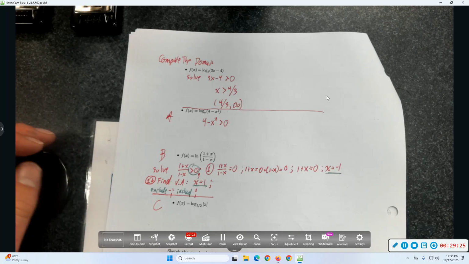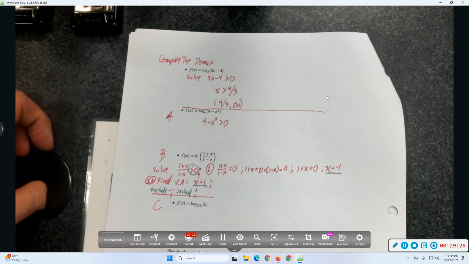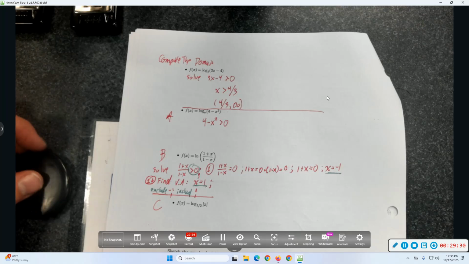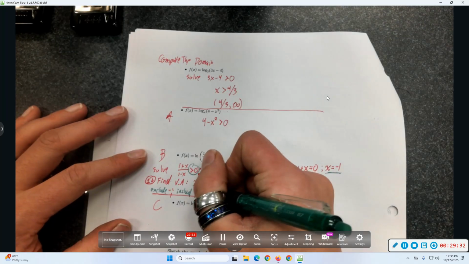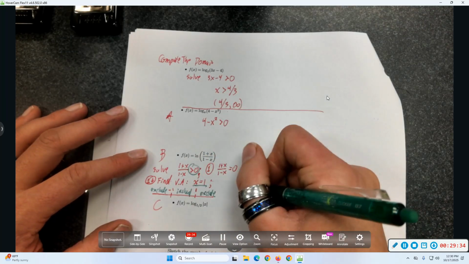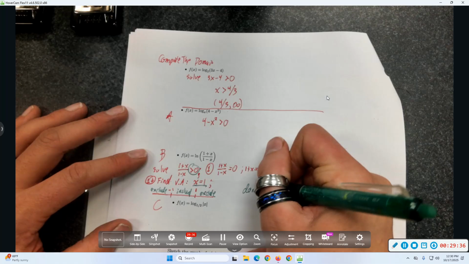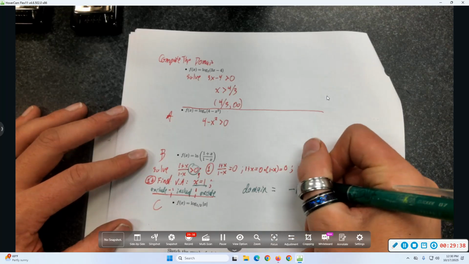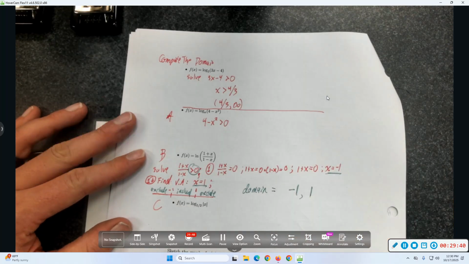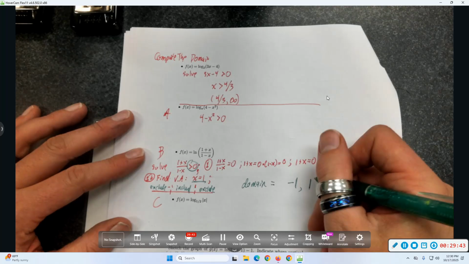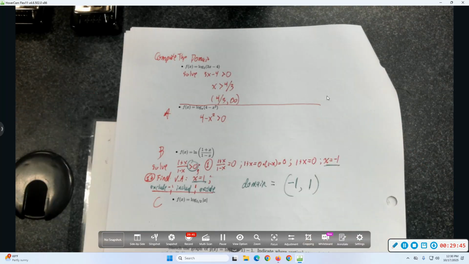Something bigger than 1. Include or exclude? Cool. So what's the domain? Domain is the interval from negative 1 to 1. How should I decorate those endpoints? Cool, because they're both supposed to be excluded. That feel pretty good?